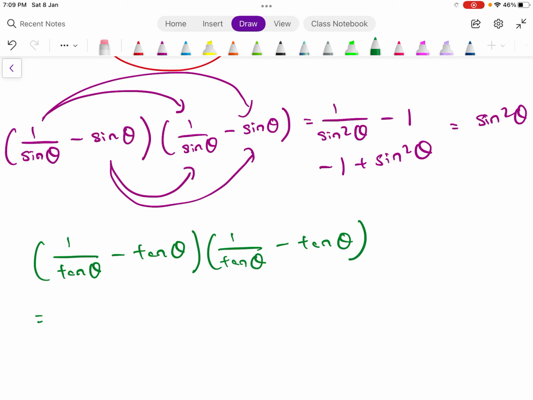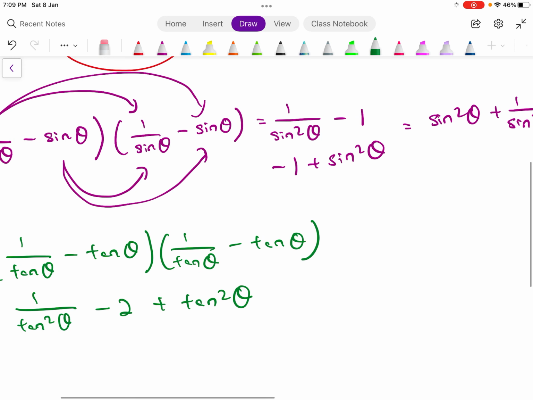Let's expand. I'll do a quick one: 1 over tangent square theta, then minus 1 and minus 1 is minus 2, then plus tangent square theta. So all three expansions are done already.